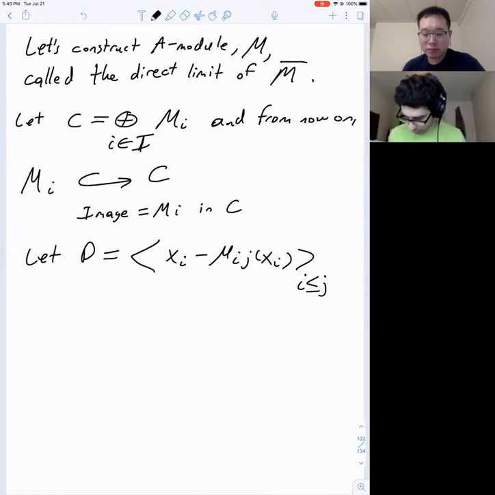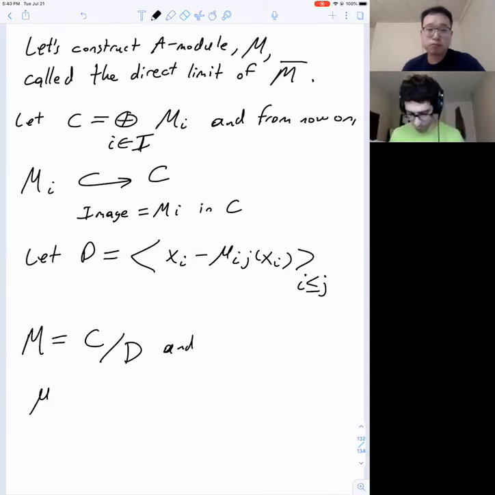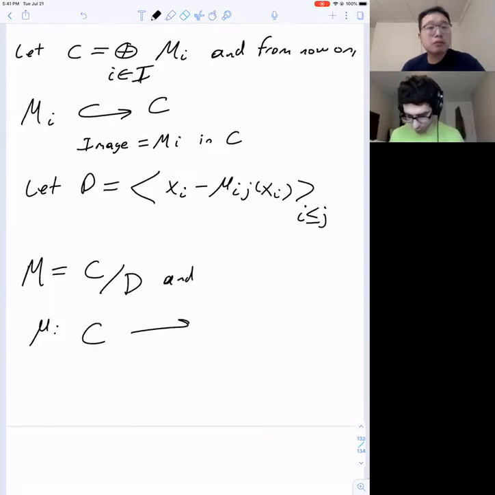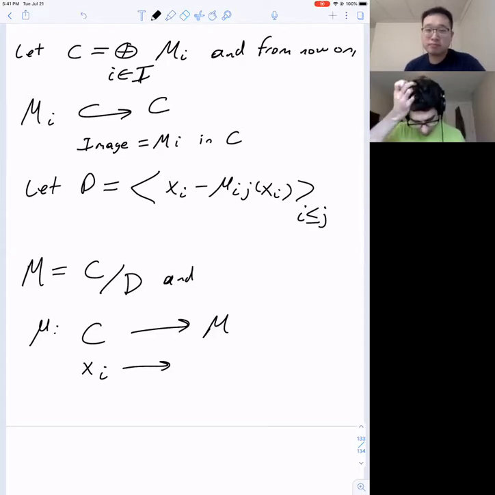Then finally, let's say M is C mod D. And let mu be a map from C to M such that each x_i goes to its projection.